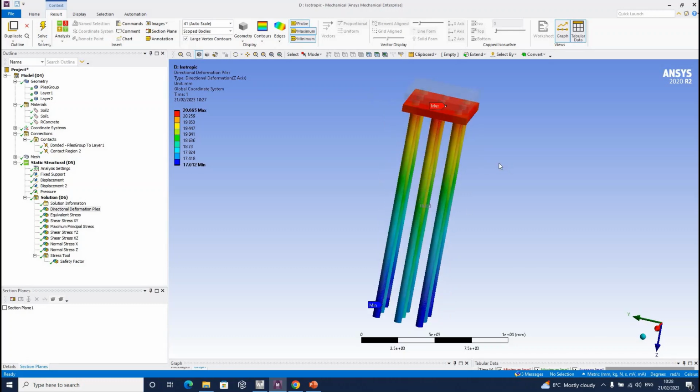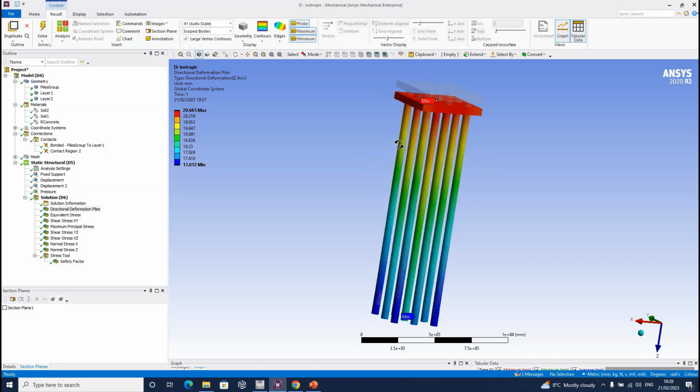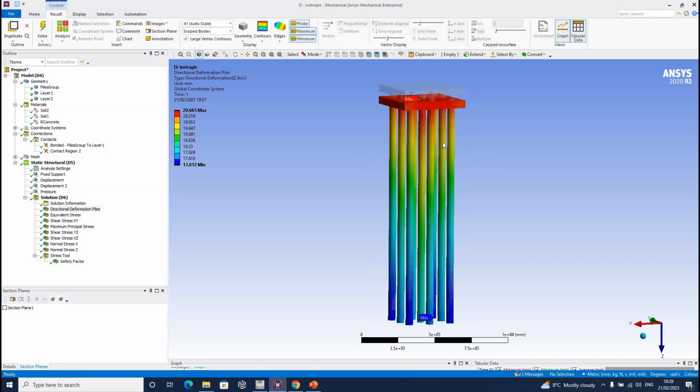So it could be useful in some cases to identify points or areas of concentration of stresses, for example, that we can see in a few minutes. So for the moment I will deselect all of this.